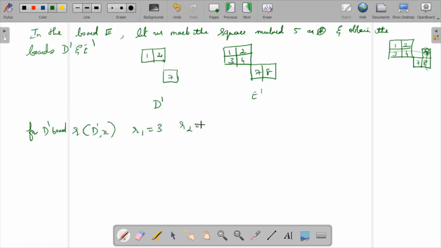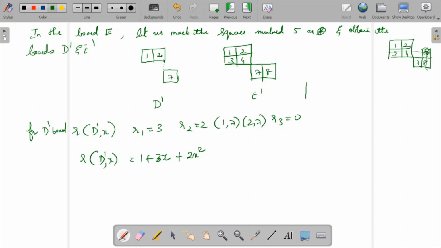R2 will be 2 because the pairs are 1 7 and 2 7. R3 is 0. So the D dash formula, R of D dash of x, would be 1 plus 3x plus 2x square. So this is R of D dash of x. Now for board E dash, I can apply the product rule.